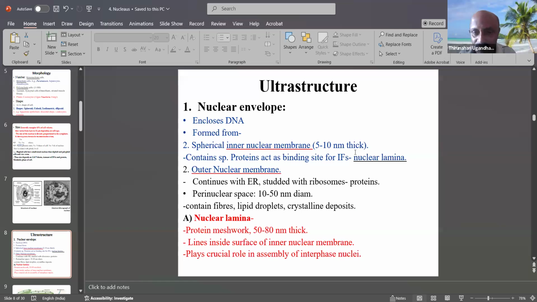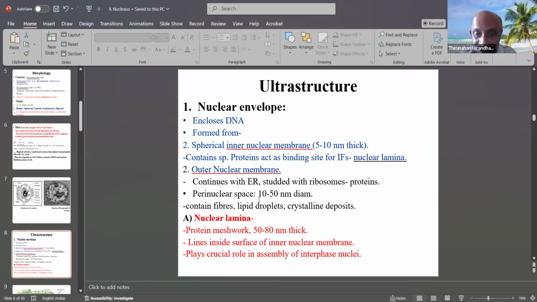It is also semi-permeable. It contains a species of proteins that act as binding sites, which is the nuclear lamina. The outer nuclear membrane is continuous with the endoplasmic reticulum, studded with ribosomes and proteins.